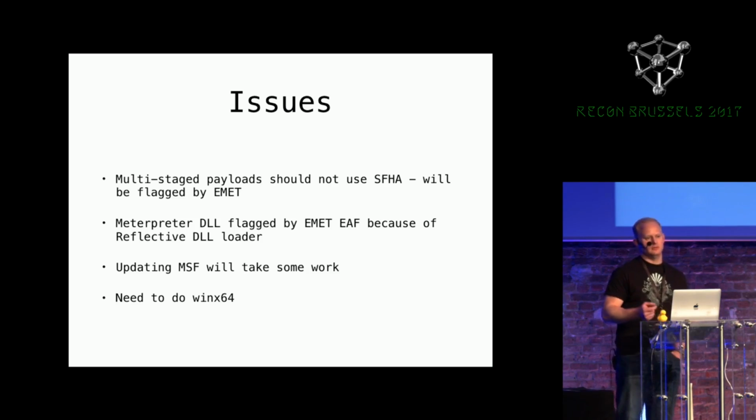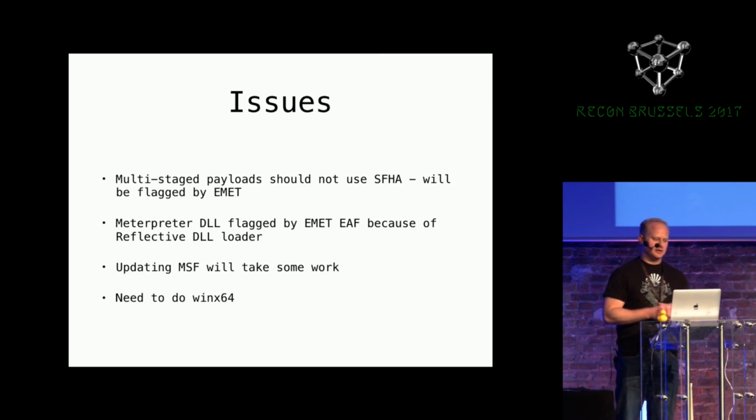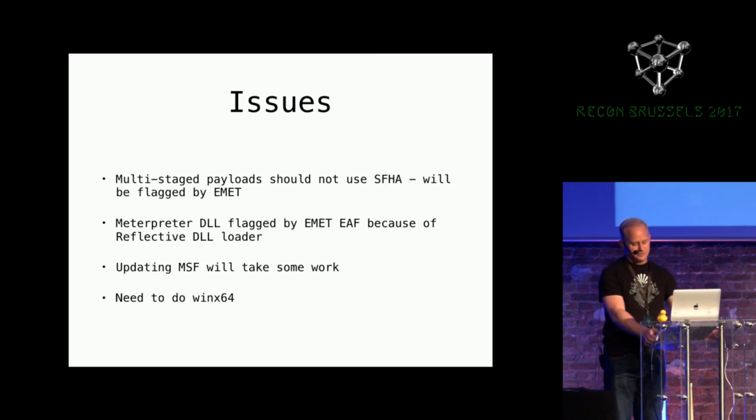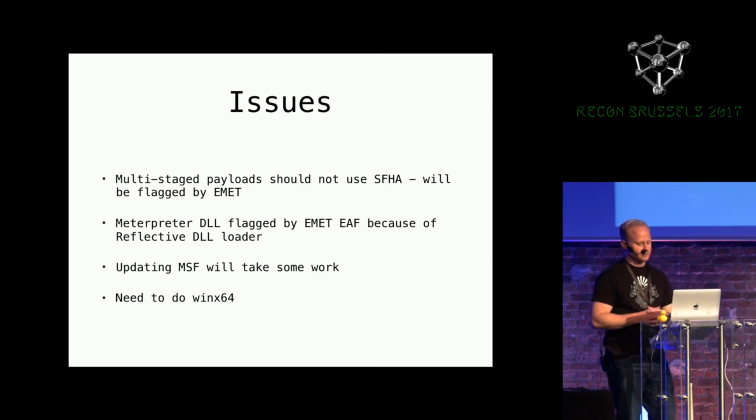Whenever you get a staged payload coming back over the second stage, if you're doing multi-stage, it's going to have Stephen Fewer's hash API call, and so it will fail. So Metasploit needs to be updated to make this fully compatible. You can either run your own version of Metasploit, or we update Metasploit, and it will take a lot of work. I also have to do, for parity, the Windows x64 side of the house.